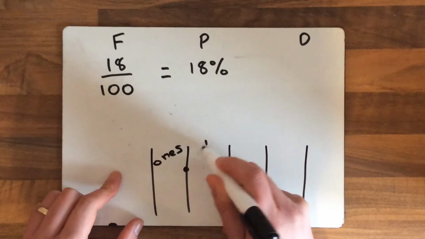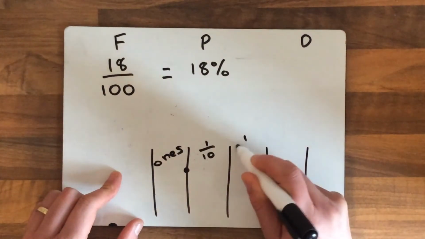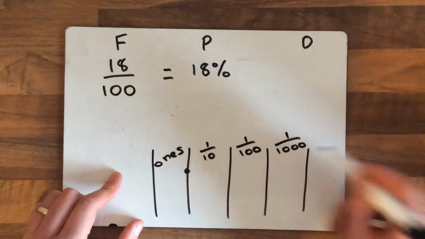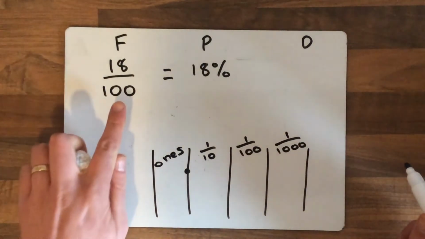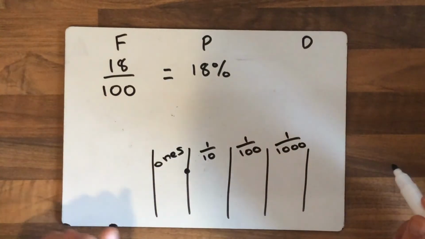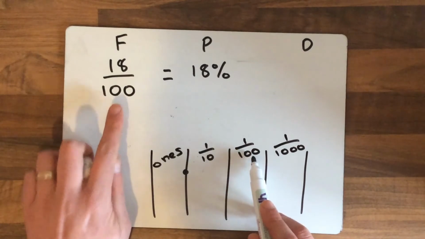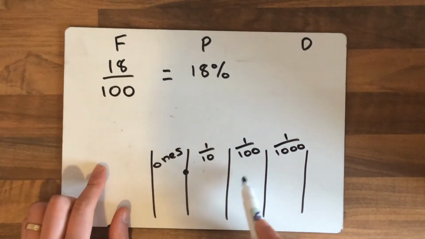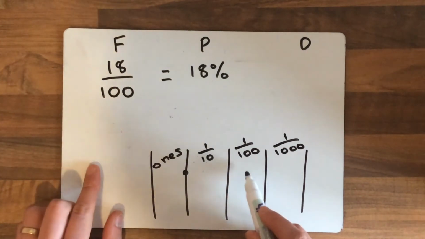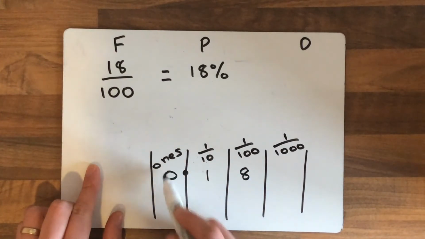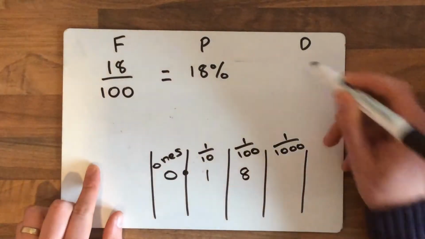The ones column, the tenths column, hundredths column and 1,000ths column. So if we were to put this fraction into this place value chart, we can see it's split into 100 pieces. So we need to ensure we have a number in here. So the 8 will be coming into here. The 1 there, we know it's less than 1, so it'd be 0.18.